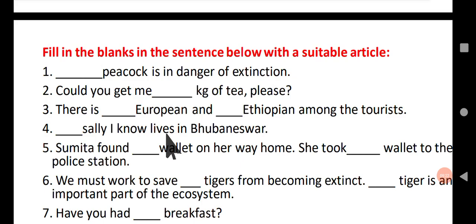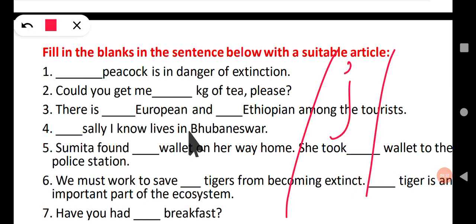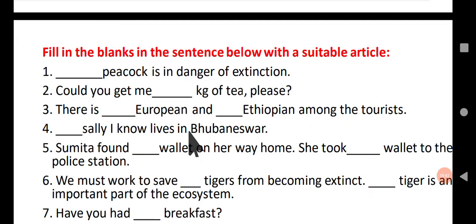There is a rule in the a and an rules, where some of the words begin with u or eu, but the pronunciation actually starts with the yeah sound, as in European. It is not a vowel sound; the pronunciation is a consonant. So here you have to go with a. There is a European and an Ethiopian. Ethiopian starts with a vowel sound, so an Ethiopian, a European, an Ethiopian.